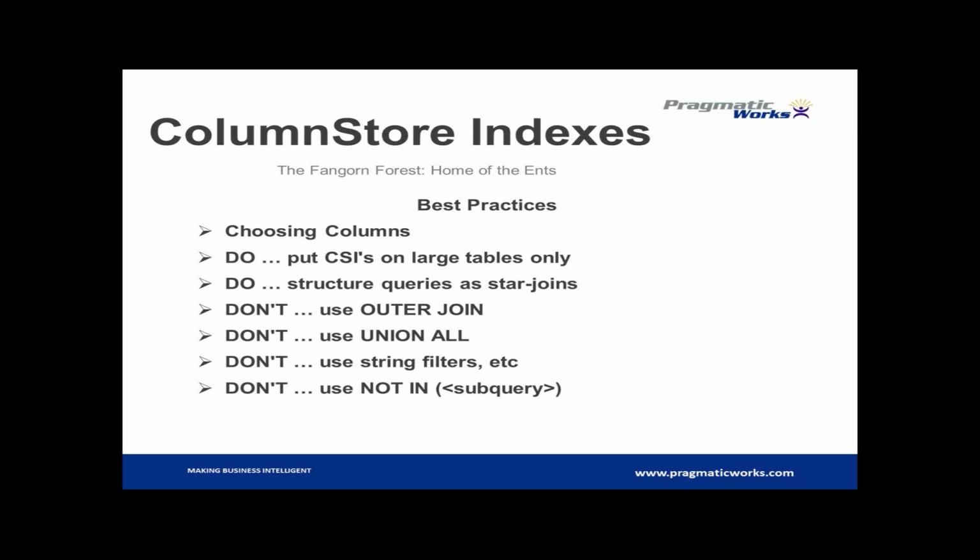So if you're going to try and do queries on those kinds of keys on tables that have strings, it's best to use integer codes or surrogate keys or something like that. You can move those string values, like a description, off to a dimension table and then do joins on those.